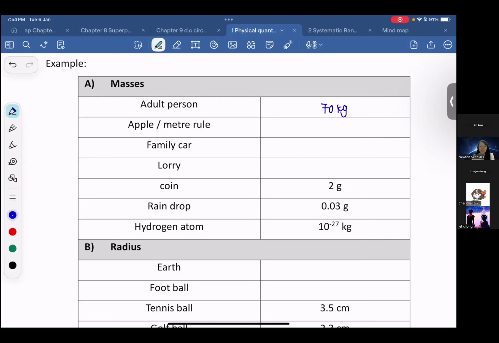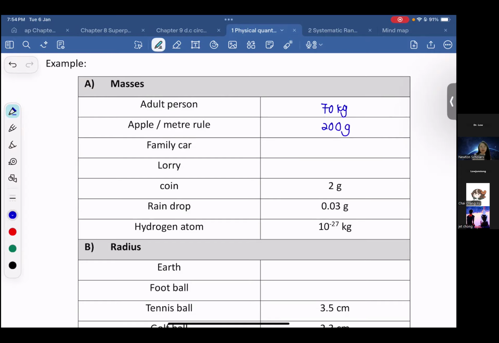So starting from today, you have to observe the length, the height, the mass of the objects surrounding you. The mass of an apple is roughly 100 gram to 200 gram. So maybe we write 200 gram. Don't tell me that an apple is 1 kg.